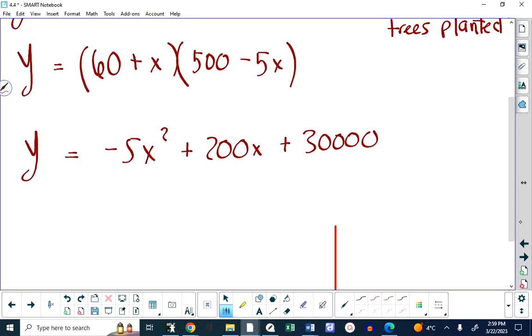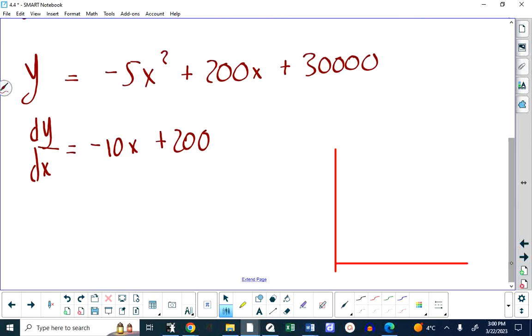No, we differentiate it, find the critical value of x, and answer the problem. dy/dx is negative 10x plus 200. I think you can see that the critical value is 20 without maybe even factoring. But if you factor out that negative 10, you're left with x minus 20. One critical value of x at 20.